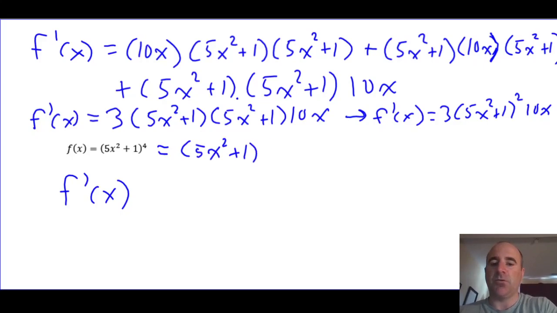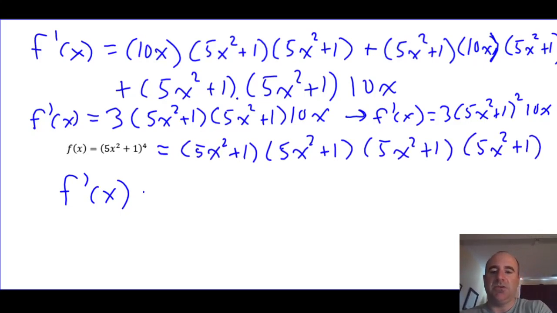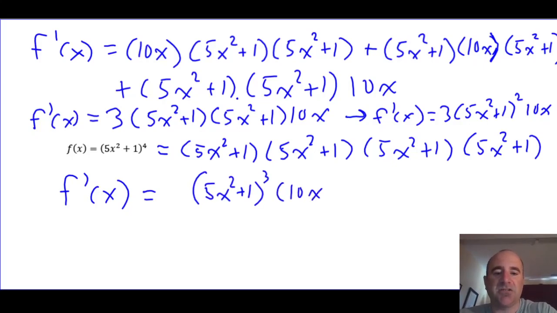So you've got this 4 times now. And if you imagine just even doing the first part of it, you would see that you would have 3 of these multiplied together, 5x squared plus 1 cubed, and then one of them is the derivative, 10x, just like in the example up above here.